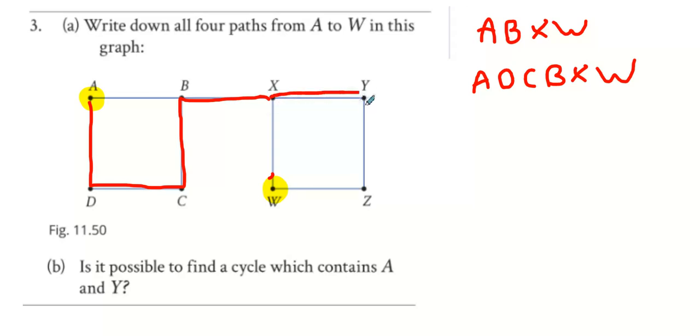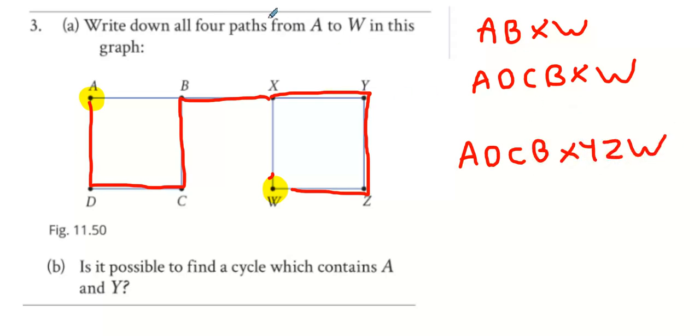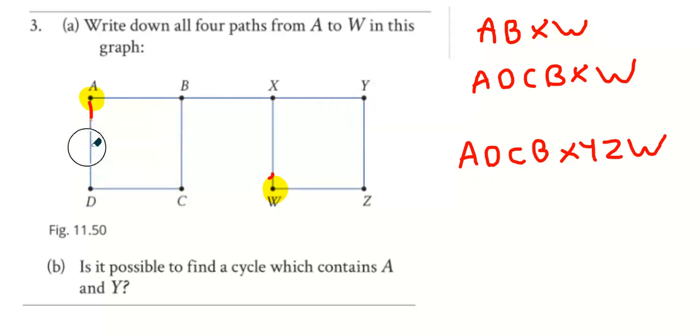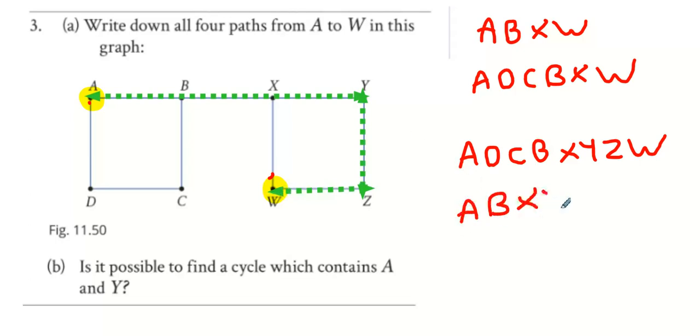I can go X, Y, Z, W. So I can do A, D, C, B, X, Y, Z, W. And then we had that one from earlier in the question where I went from A to X, but then I'm going A, Y, and then I'm going to go this way. So I'm going to do A, B, B, X, Y, Z, W.